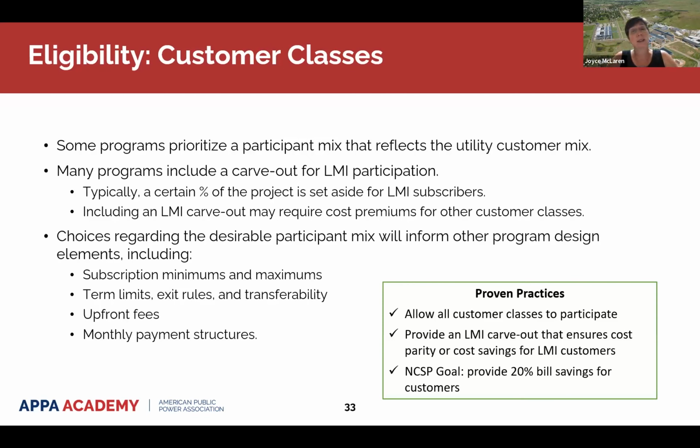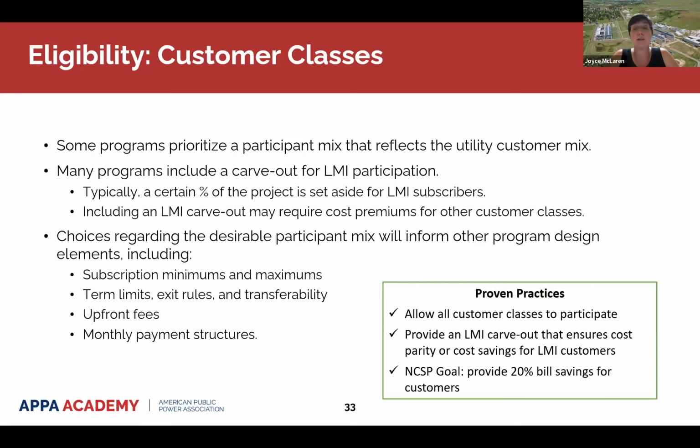Some proven practices that we like to highlight is to allow everyone to participate. Of course, having an LMI carve-out is also a suggested practice, and ensuring that there is a cost savings for those low and moderate income customers is something that the National Community Solar Partnership certainly encourages.